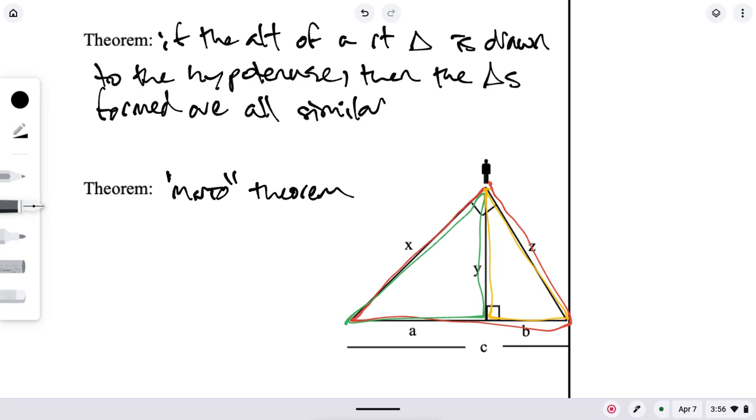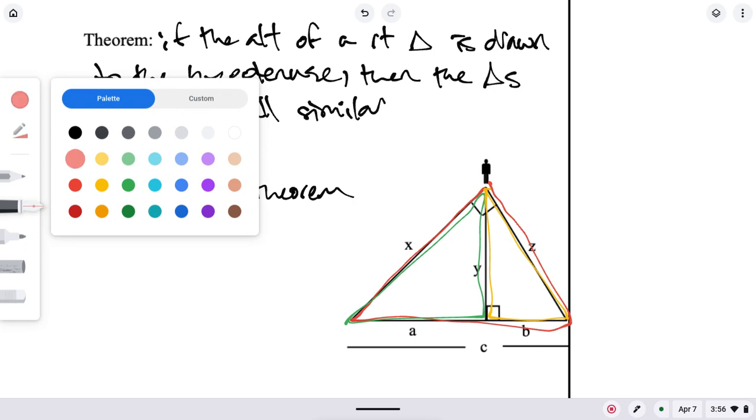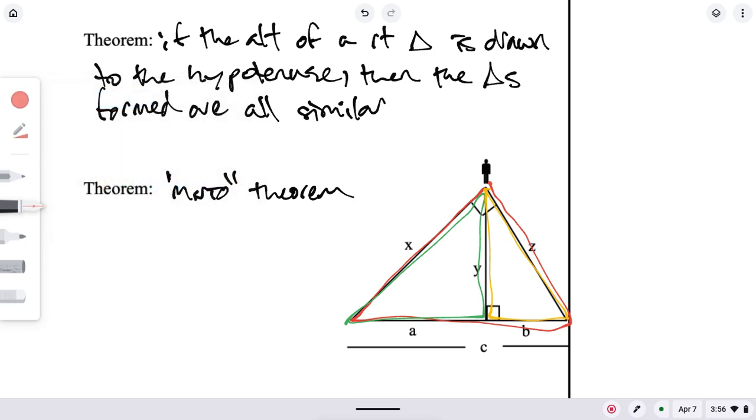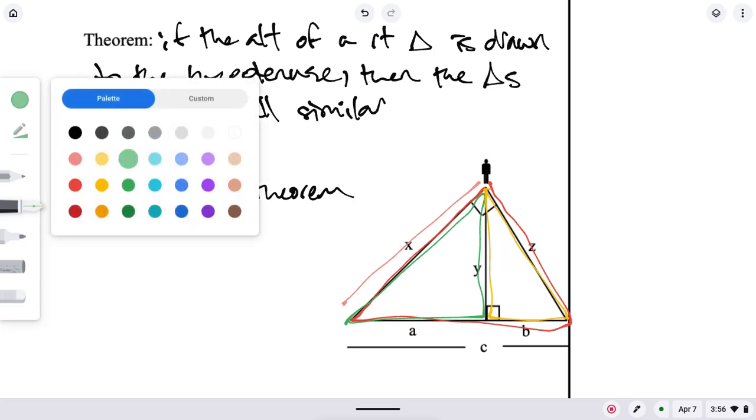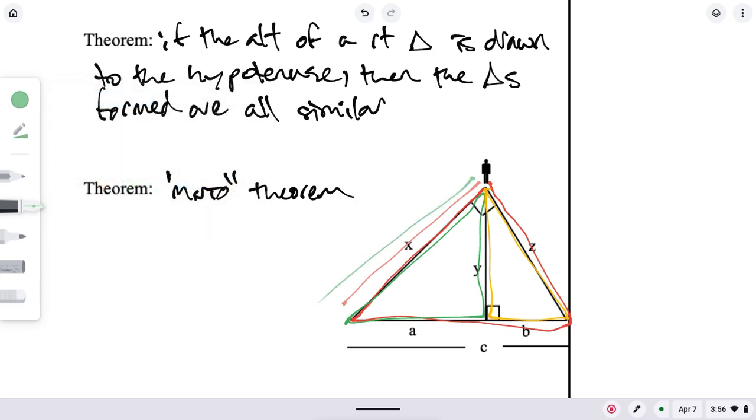And so I was thinking about this theorem and the way you could describe it: if Mario slides down that side of the red triangle, that's also a side in the green triangle. And from the bottom, Mario has two choices.